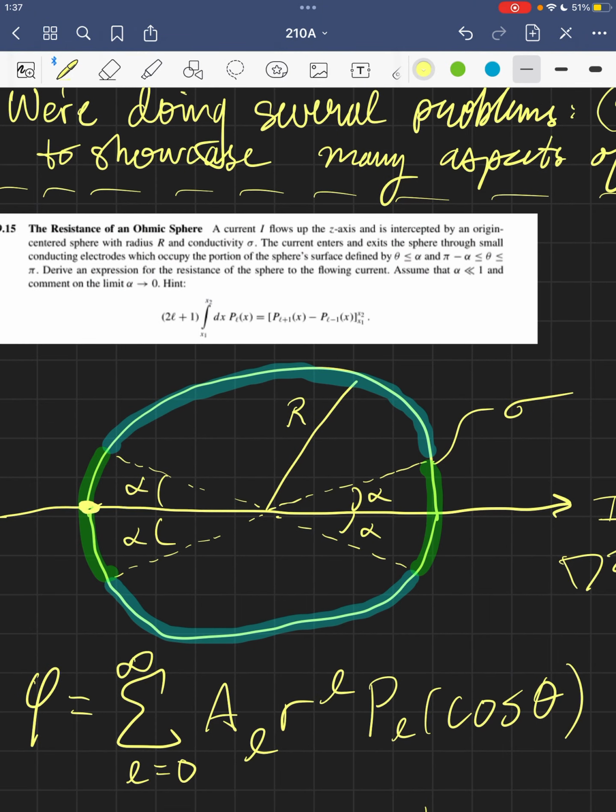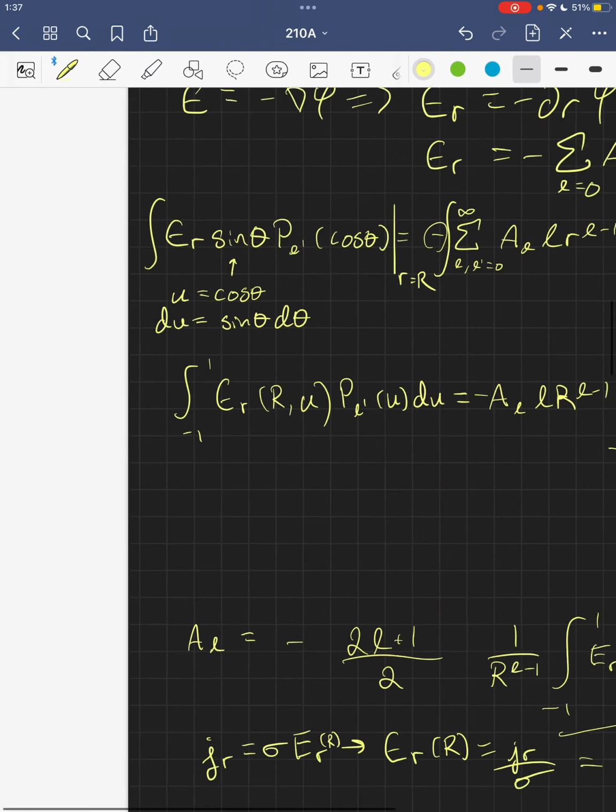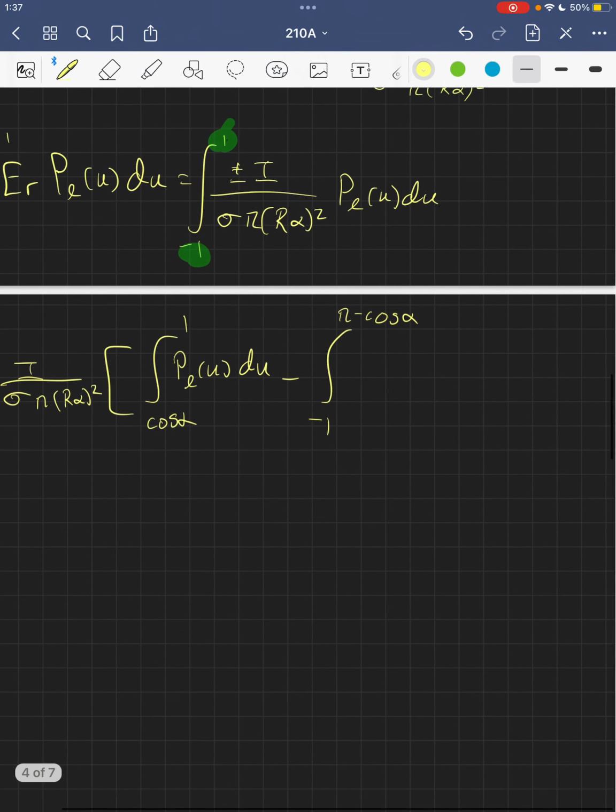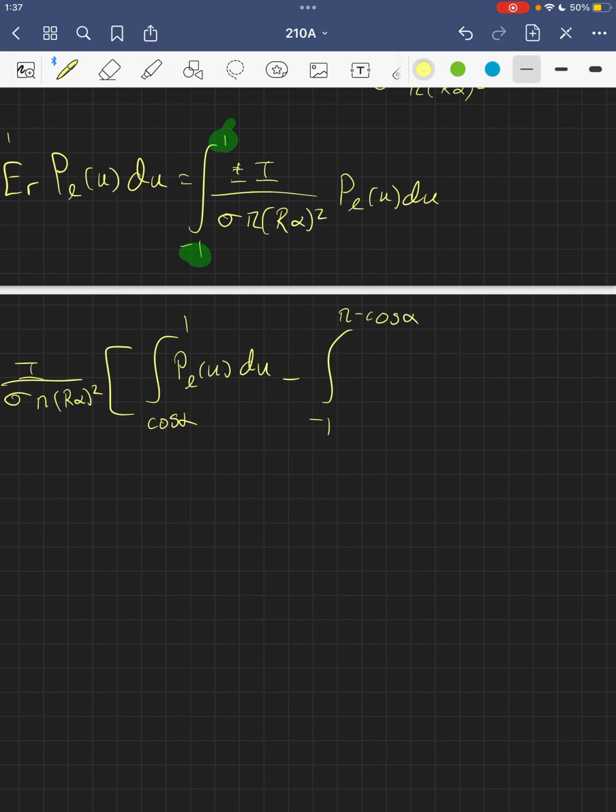This would be pi, or when you put it into a cosine, negative 1. This would be 0, or when you put it into a cosine, 1. So remember, we substituted cosine theta with u, so that's why the bounds are in terms of 1s and cosine of alpha and stuff. Okay, so we have this.